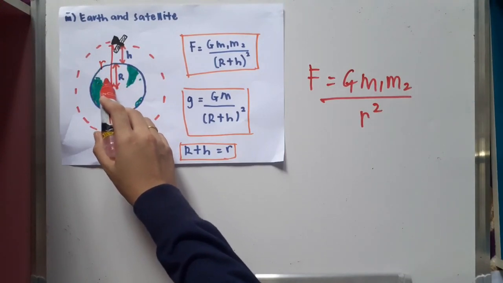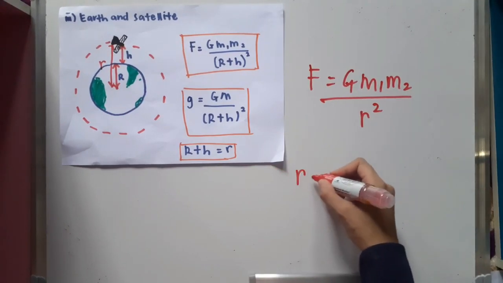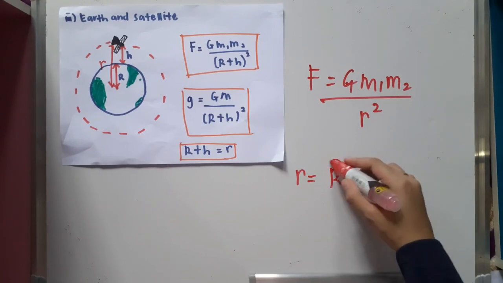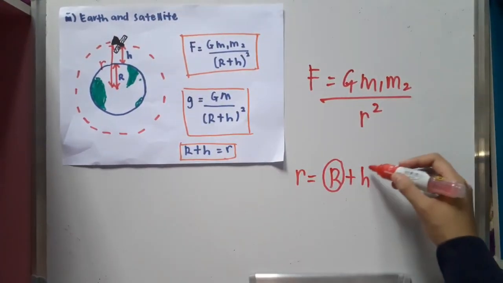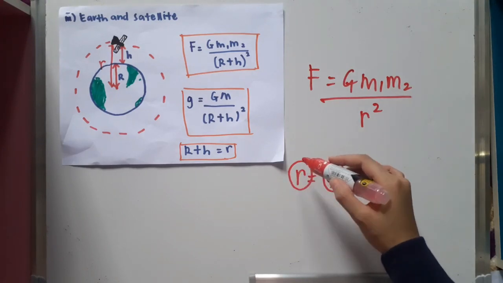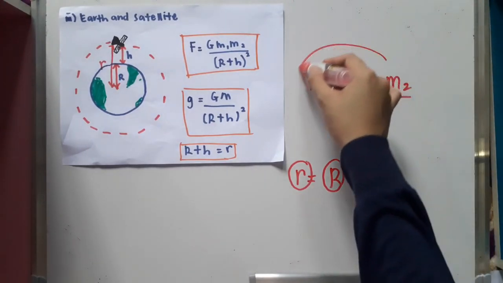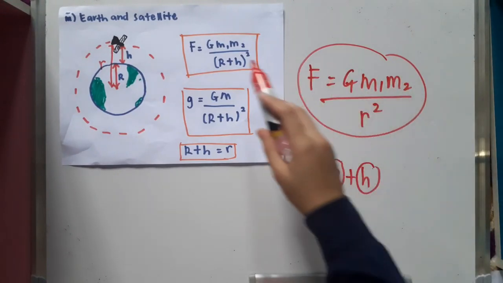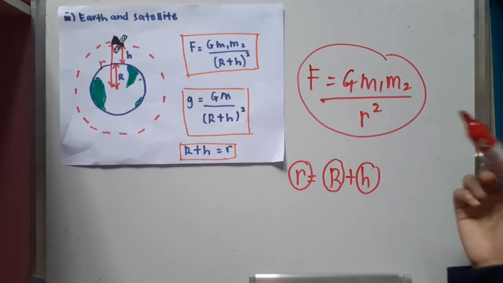Small r is equal to capital R plus H. Capital R is the radius of the Earth, plus H, the height, and we will have the total distance from the center of the Earth to the center of the satellite. So the formula is F is equal to G m1 m2 divided by r square, or G m1 m2 divided by capital R plus H square. It's just the same.